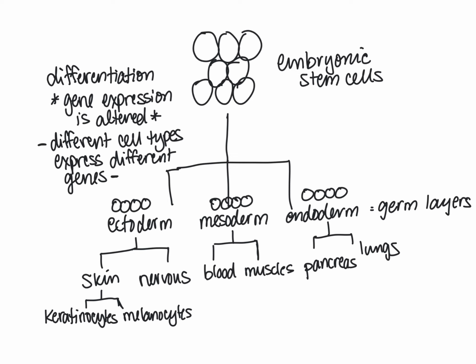So I'm not going to go through all of them, but you can see how we have these branching pathways of differentiation. And so with those germ layers, we're taking that first step towards differentiation in order to take these stem cells and ultimately turn them into the specialized cells needed to make an adult body.